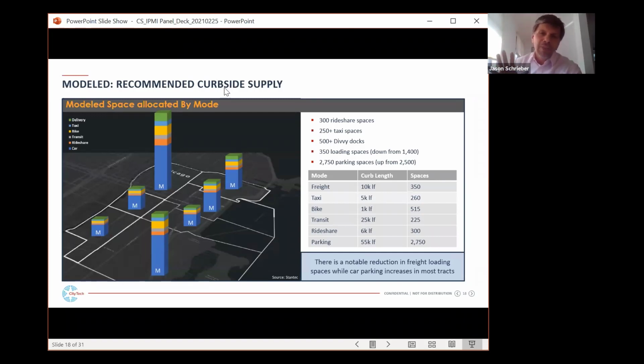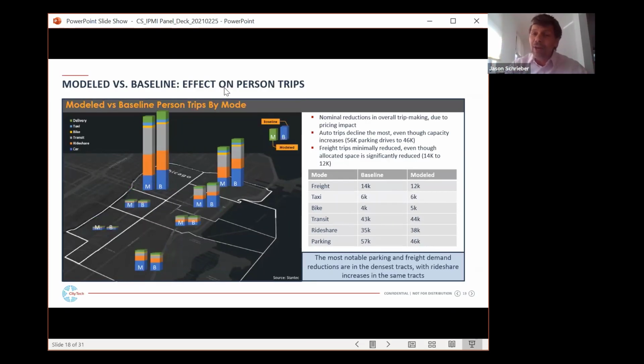So our model then said, if we want to get here, we've got to price accordingly. And when we priced accordingly, we were able to charge a lot more for the car than we were for other modes, because the car is the thing that's hogging space but has lots of demand.